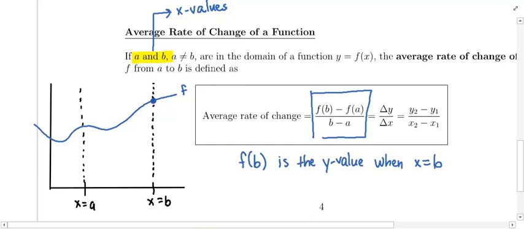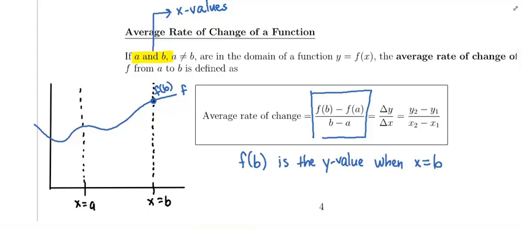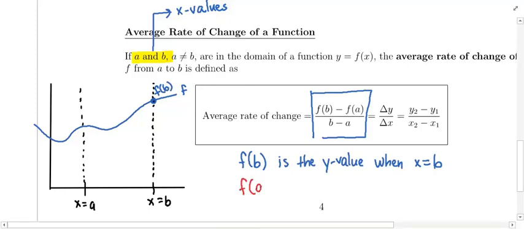This y value right here would be f of B. And then similarly, we know f of A is the y value when x equals A. So if we locate x equals A, go up to the graph and find the corresponding point, the y value here is going to be f of A. So f of A and f of B are y values, so we're subtracting y values in the numerator.